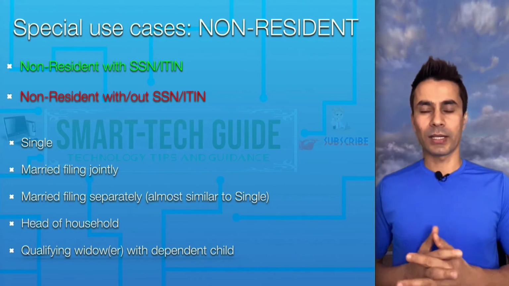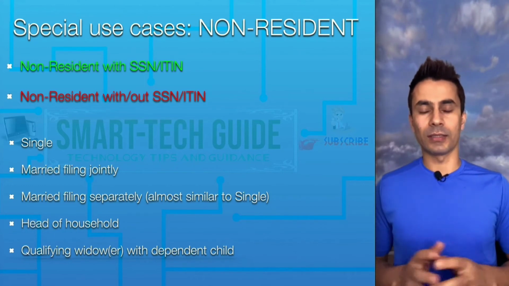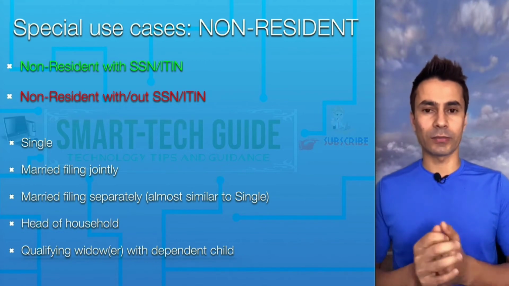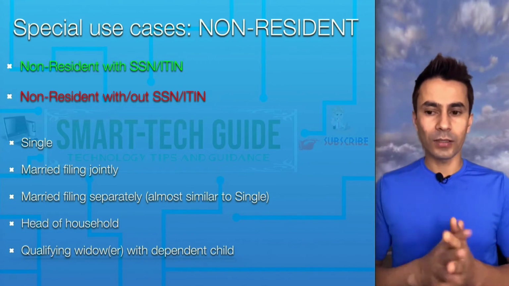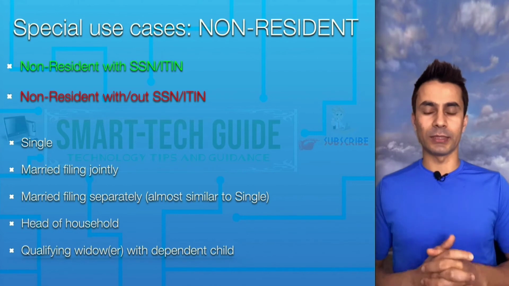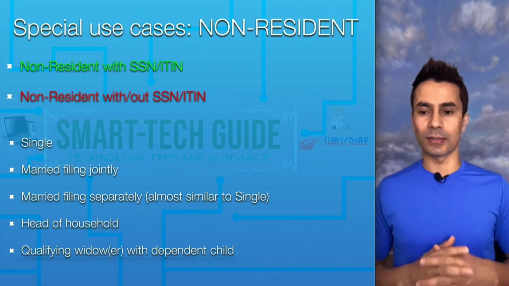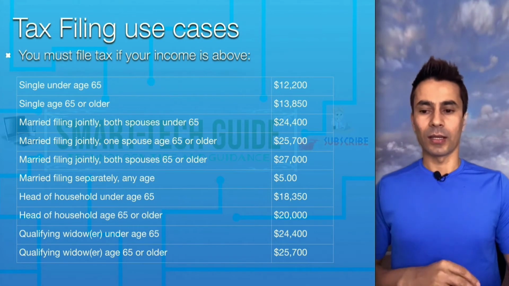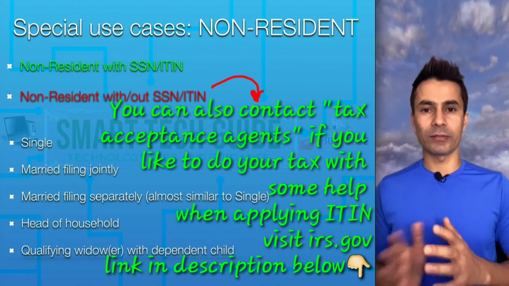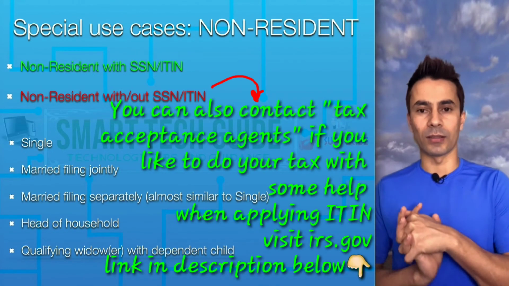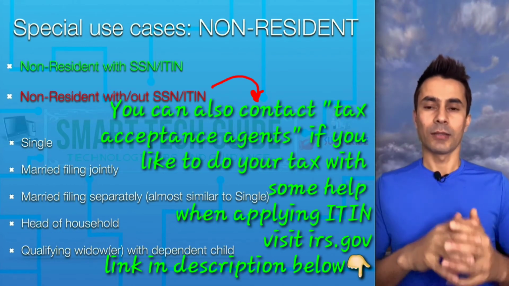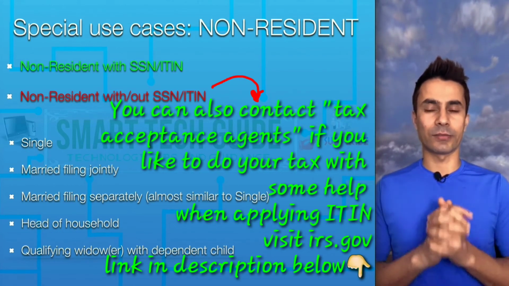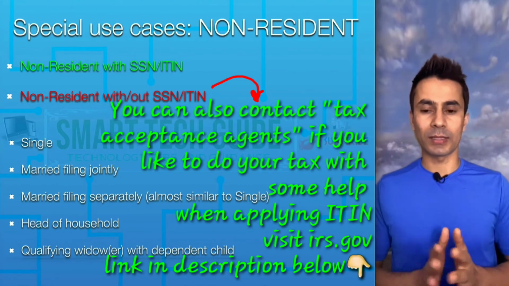If you have an SSN or an individual taxpayer identification number from the IRS, then it's pretty easy. It's just filing like I mentioned before, pretty straightforward. You have to file different forms, like non-resident filing, but it's still straightforward and there is no complexity.